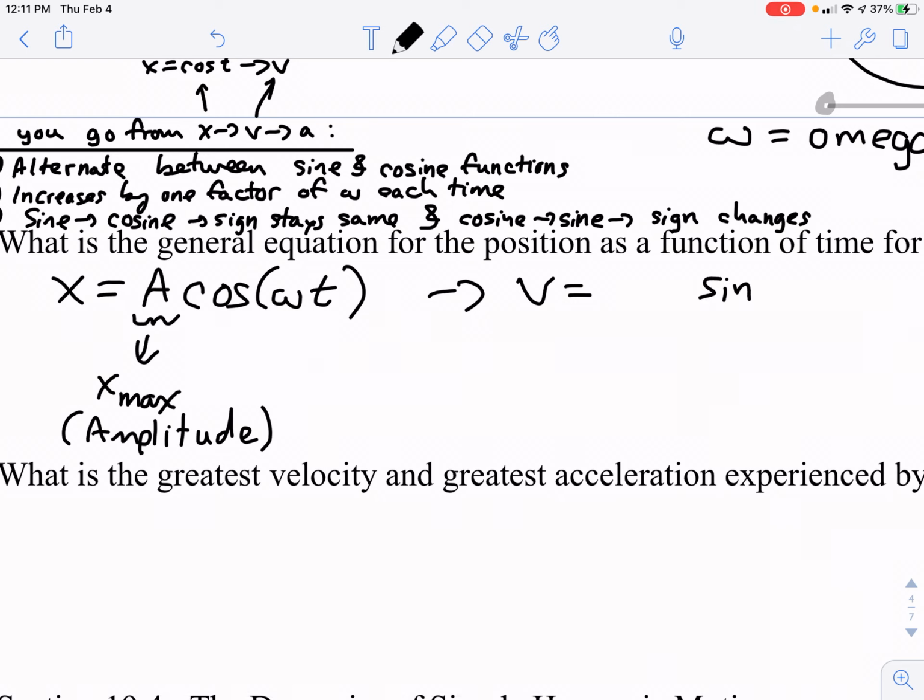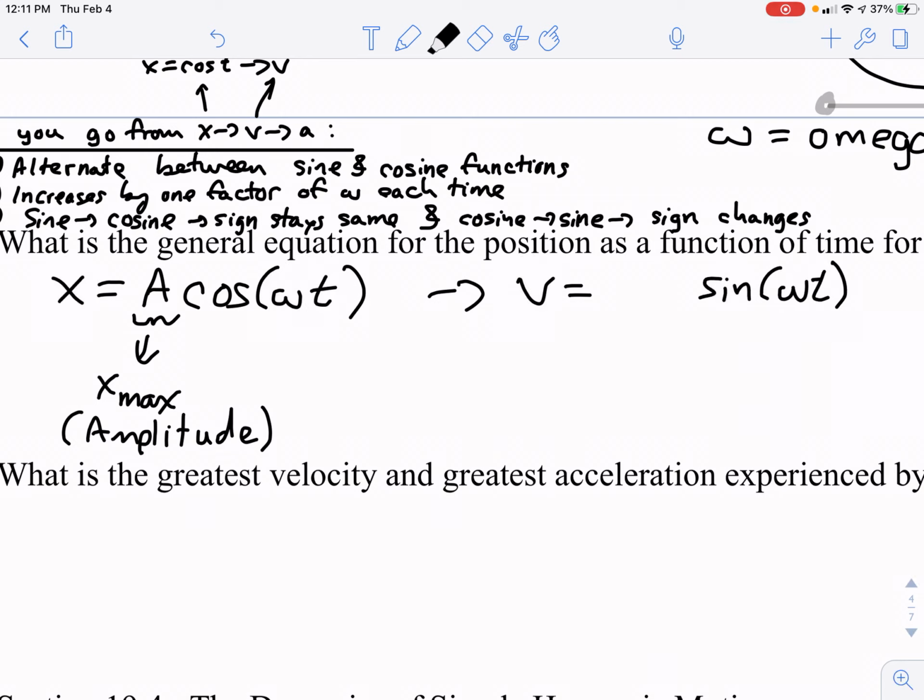And since the period is not changing just because we're describing a velocity instead of a position function, the angular frequency is the same as well. So in other words, if x is proportional to omega t, velocity is also proportional to omega t.